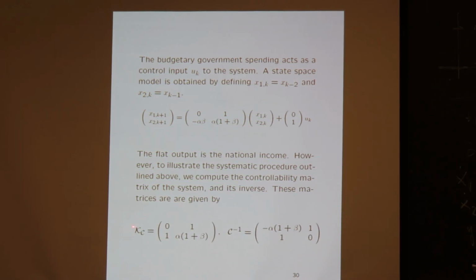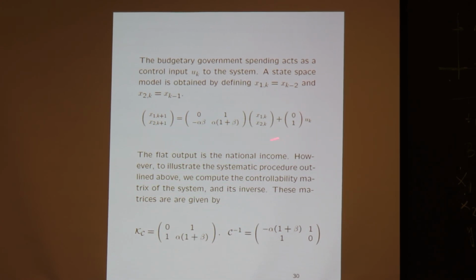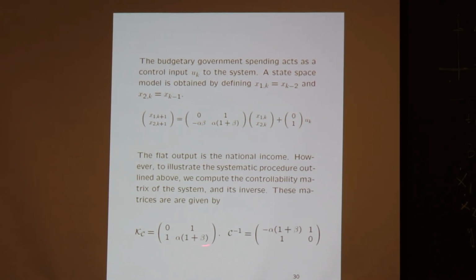So the controllability matrix will be 0, 1, and then A times B, where B is this vector, and A times B is 1, alpha(1+beta). This controllability matrix has determinant minus 1.